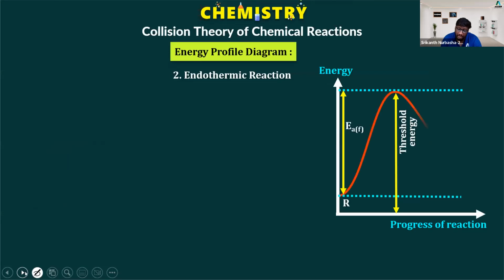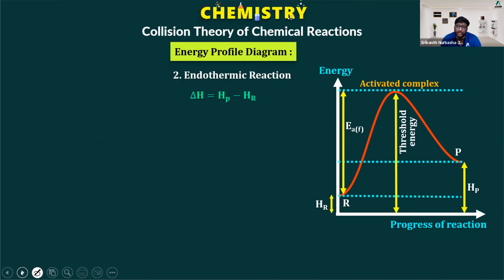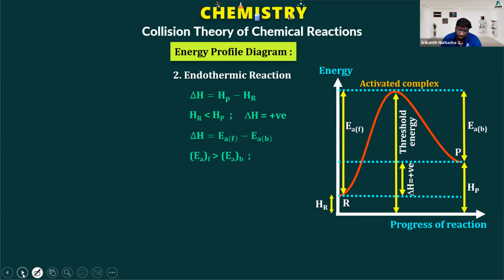Reactants will be having less energy when compared to products, so products are at higher energy. So delta H is equal to enthalpy of product minus enthalpy of reactant, that is positive. Delta H you can also write as activation energy of forward minus activation energy of backward, that is also positive. And HP, HR, EAF, EAB, all of them have the same meaning.